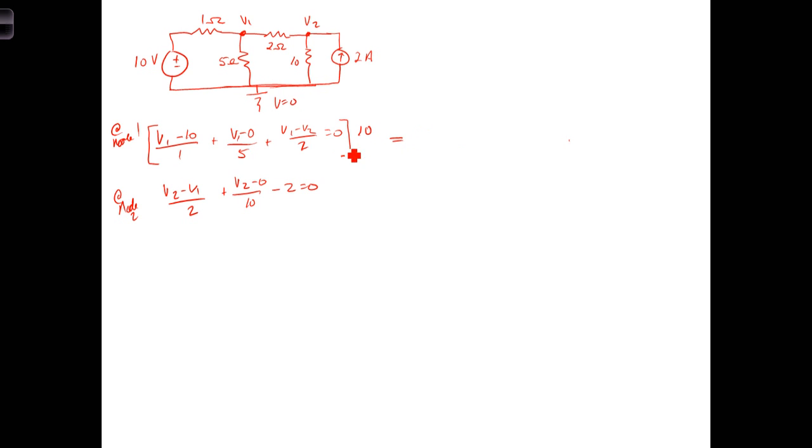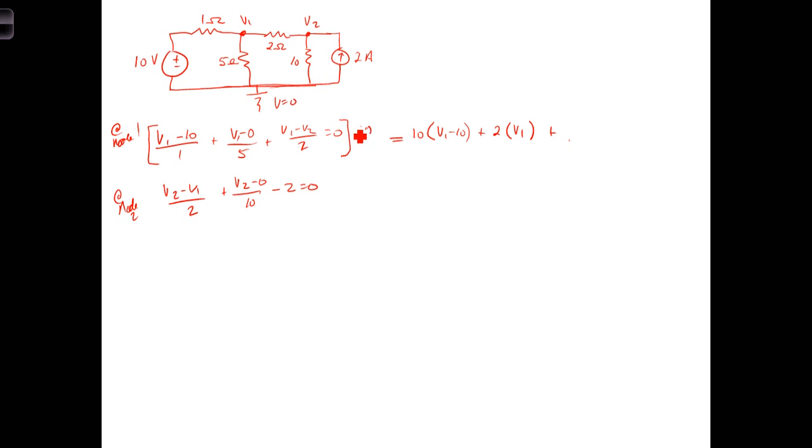And that then gives us 10 times this term here, which is 10 times V1 minus 10, plus now 10 times this term right here. I've got 10 divided by 5, so that leaves me a factor of 2, plus 2 times V1. Let's not write the minus 0.